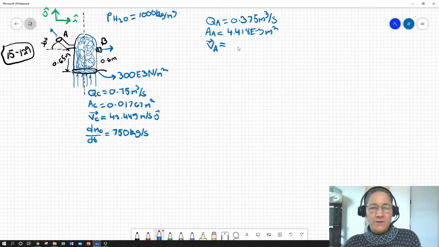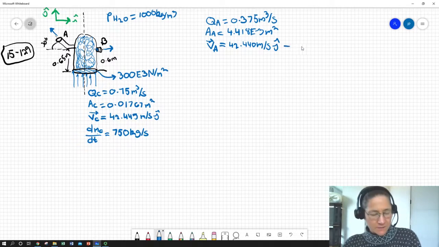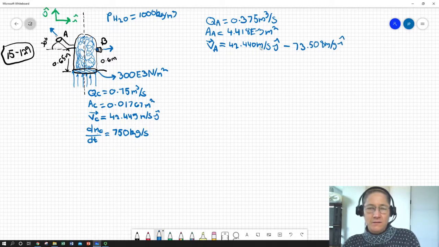We can resolve that into 42.440 meters per second j hat, it's going up, minus 73.508 meters per second i hat.